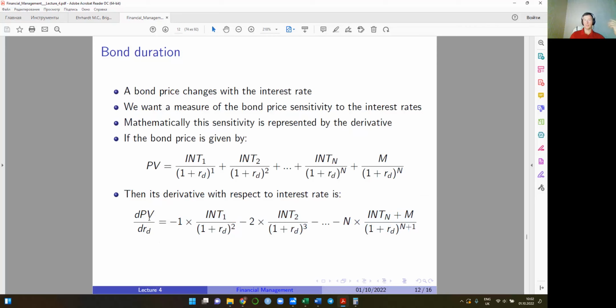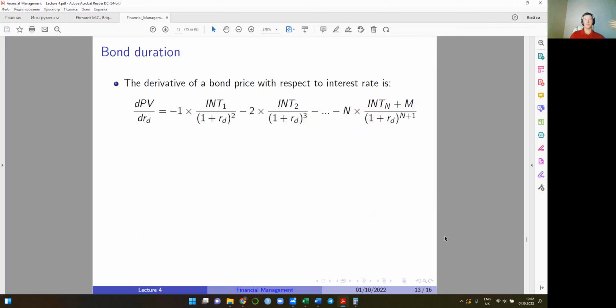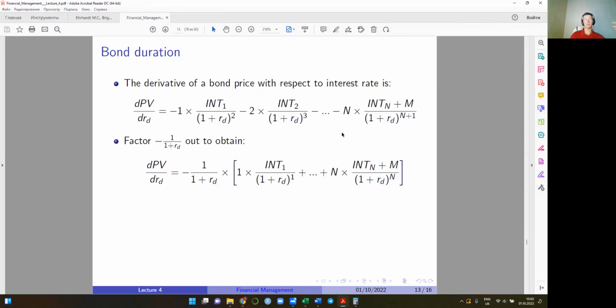Now we are going to transform this formula slightly to get something practical. So we have this derivative, and we will transform this formula in several steps. First of all, we will factor this thing out.